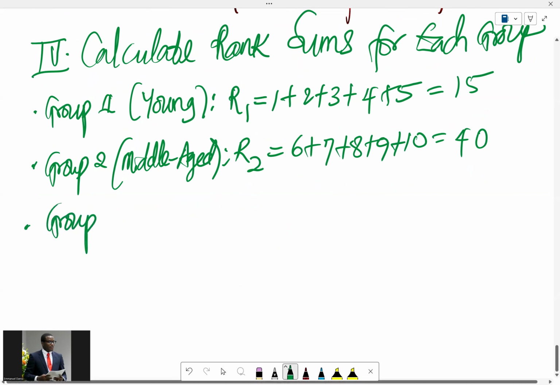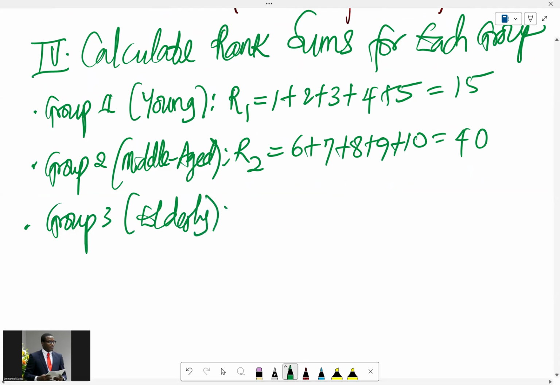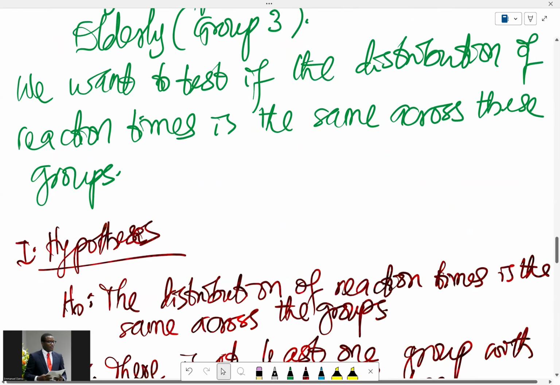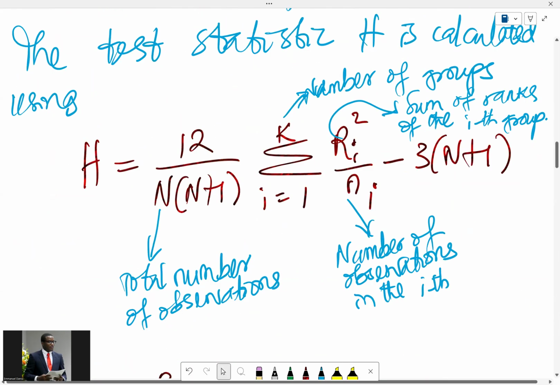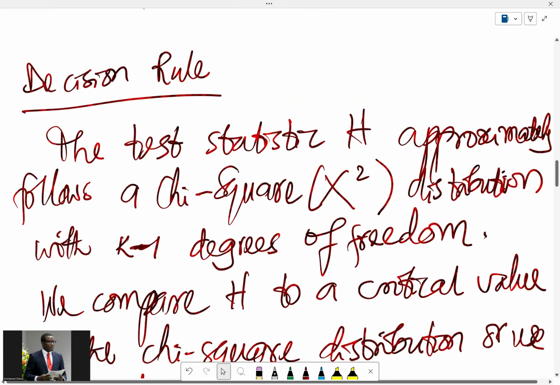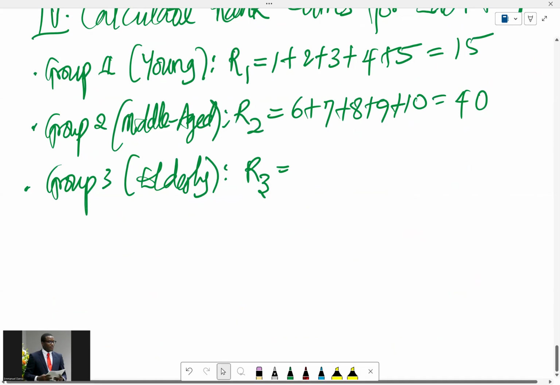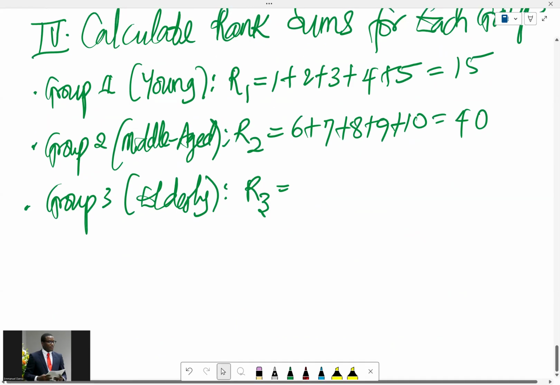Group 3 is about the elderly. And R3, don't forget, what's the meaning of the R again? It's the sum of ranks of the ith group. So R1 is the sum of ranks for the first group, and R3 is the sum of ranks for the third group.